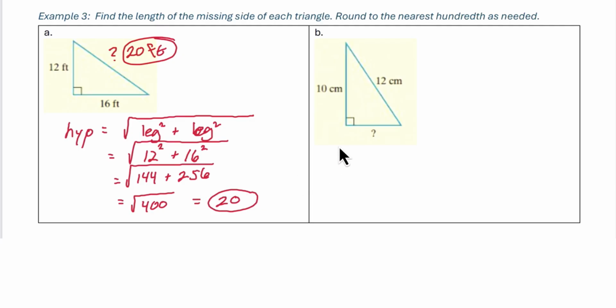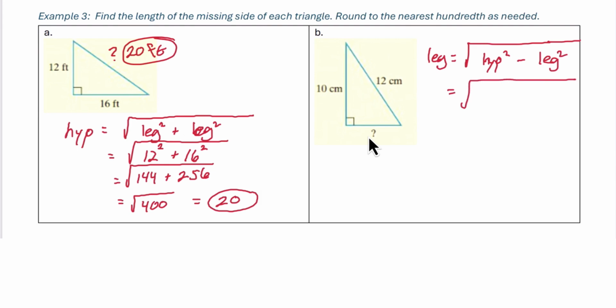In part B, notice we're missing a leg. The formula to find a leg is the square root of the hypotenuse squared minus the other leg squared. So we have the square root of the hypotenuse, which is 12, squared, minus the other leg squared.